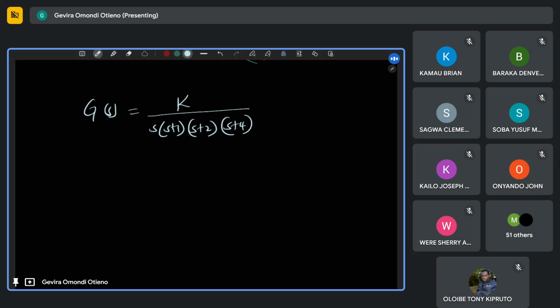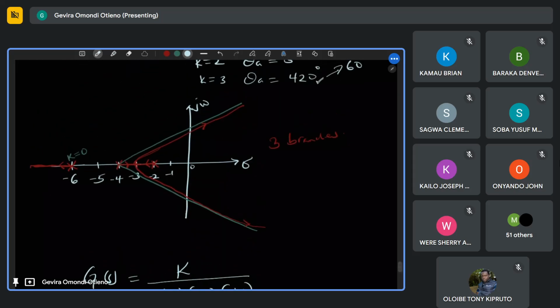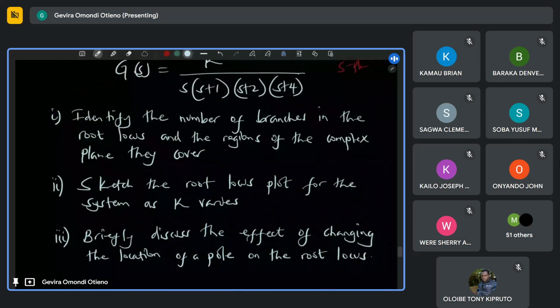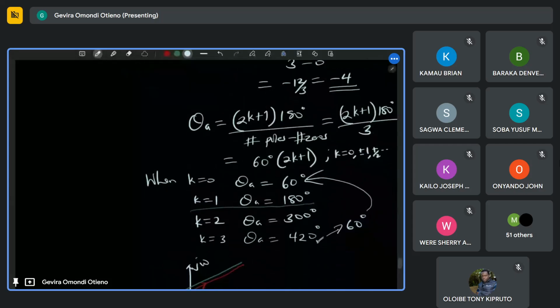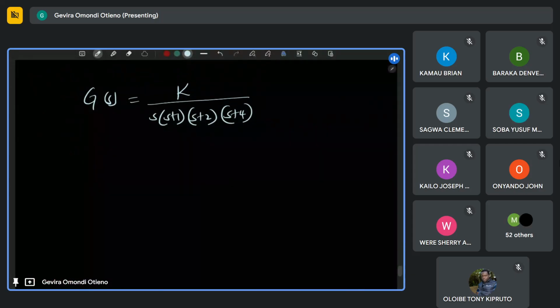Anyway, so the first question was asking us, 1, identify the number of branches in the root locus and the regions of the complex plane they cover. So how many branches do we have here? So you can actually see that we have 4 finite poles. They are S equals to 0, S equals to -1, S equals to -2, and S equals to -4.